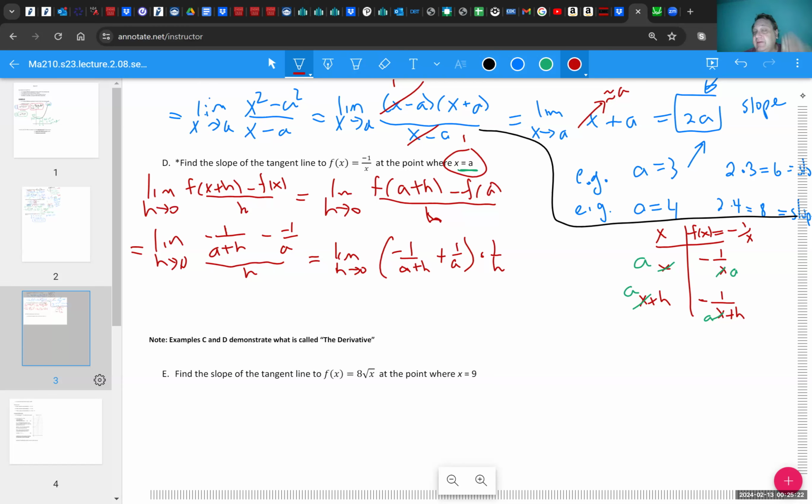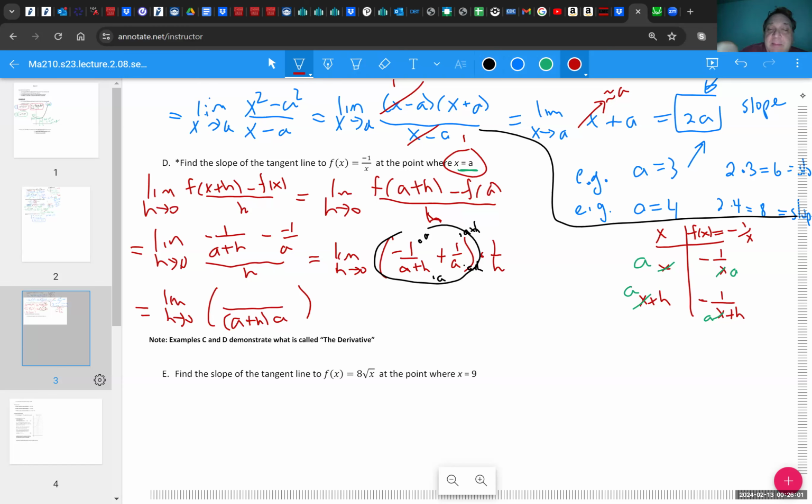All right. So to simplify this, I'm going to combine together these fractions inside the parentheses. I'll do that just by finding a common denominator. So I'm going to have to multiply top and bottom to get a common denominator. So I'll multiply by a on the top and bottom for this guy, and I'll multiply by a plus h on the top and bottom for this guy, so that they both have a common denominator of a plus h times a.